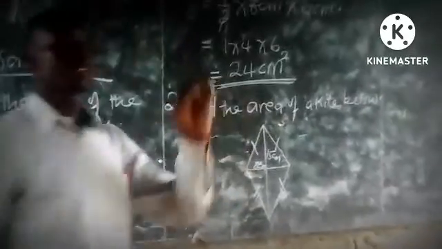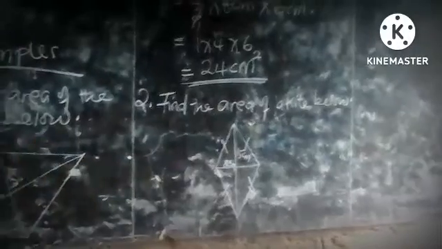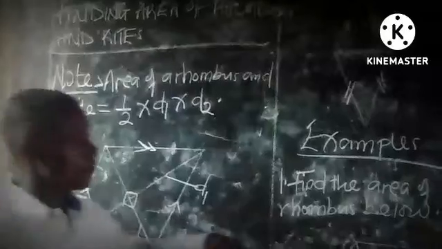So since we use the same method of calculating the area of a rhombus and a kite, we shall also use this method as half times diagonal 1 times diagonal 2. So here under your solution you say: solution, given, area equals half times diagonal 1 times diagonal 2.